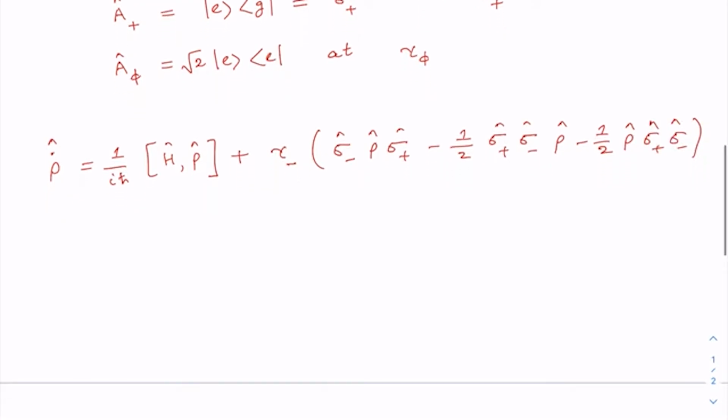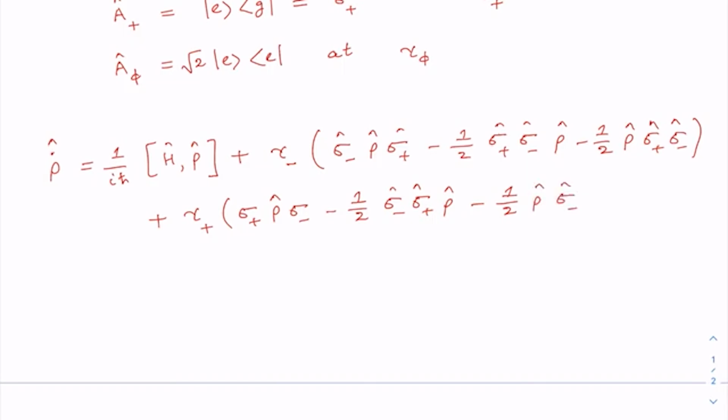And for the process related to absorption, gamma plus, that would be sigma plus rho sigma minus minus half sigma minus sigma plus rho minus half rho sigma minus sigma plus.